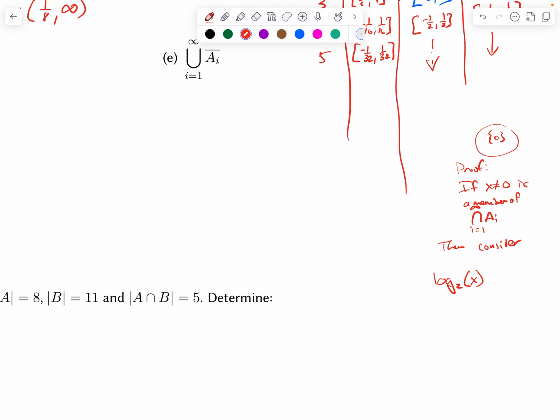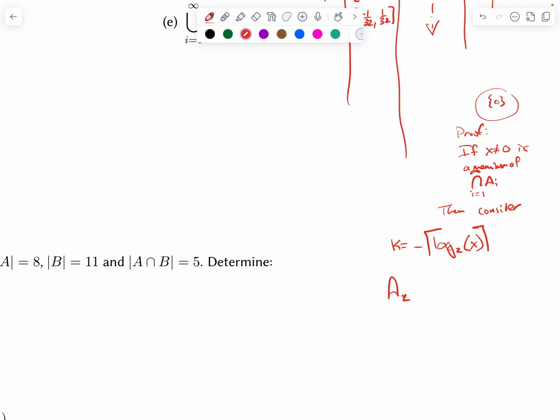Okay, so we have the log base 2 of x, and then we'll do the negative of the log base 2 of x, and we're going to take the ceiling. Whoops. There, this is it, the ceiling. Okay, so then consider this k. Well, note that A sub k is going to equal 1 over 2 to the negative ceiling of log base 2 of x.